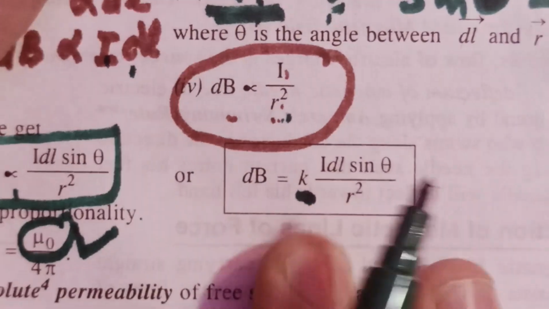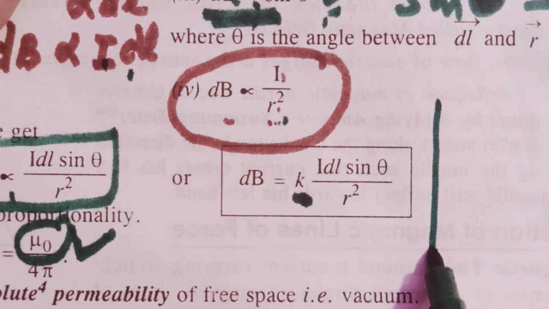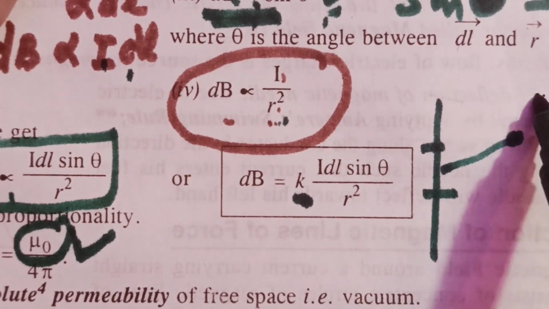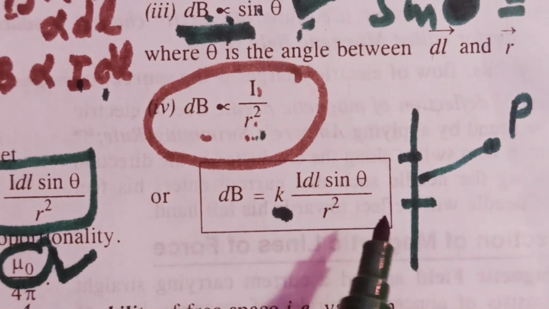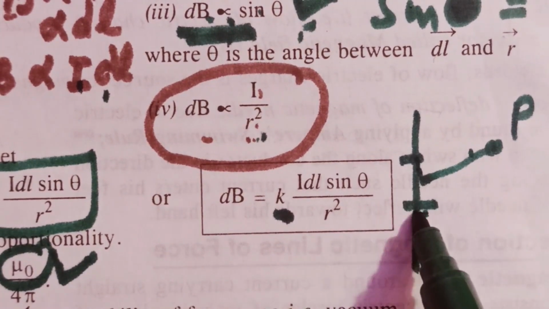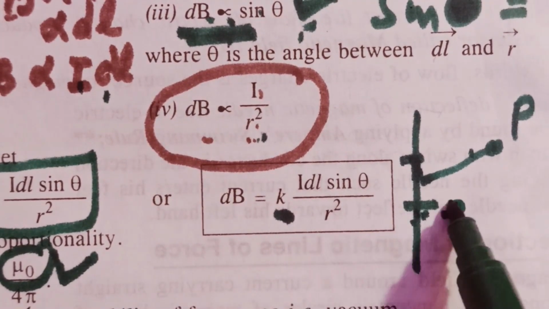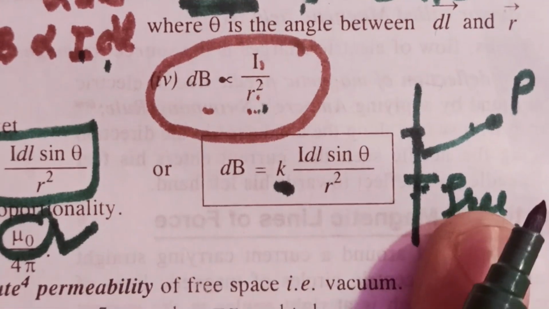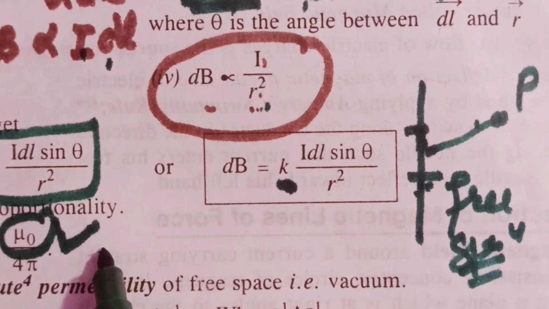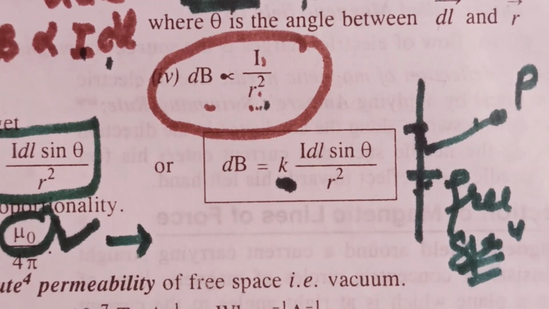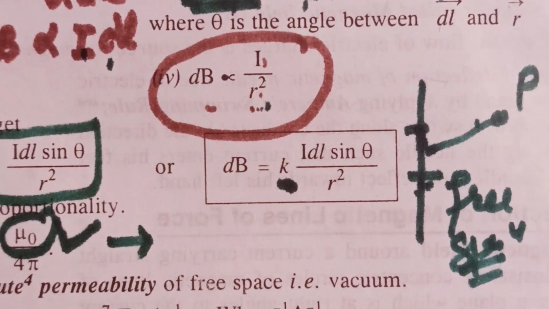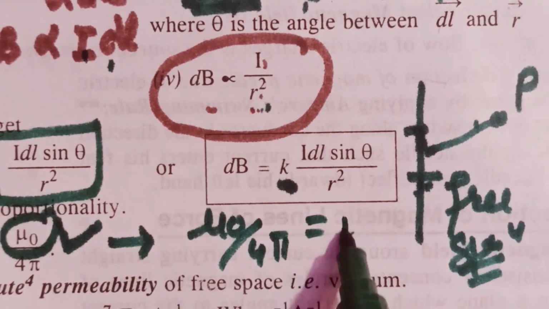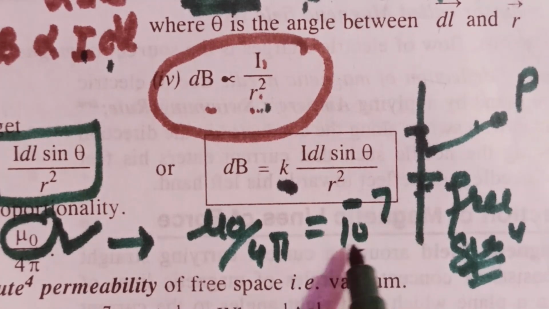Like this is a current element, IDL, and this is our point P. If you are performing the experiment in free space, or in air, or in vacuum, then mu naught upon 4 pi is 10 to the power minus 7 in SI system.